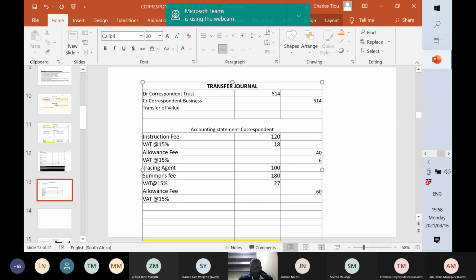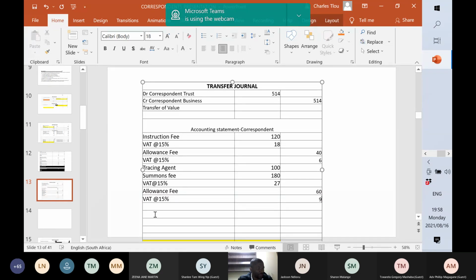VAT is 9 rand. 9 rands, correct. And that's the allowance fee, and then you go back to the question.